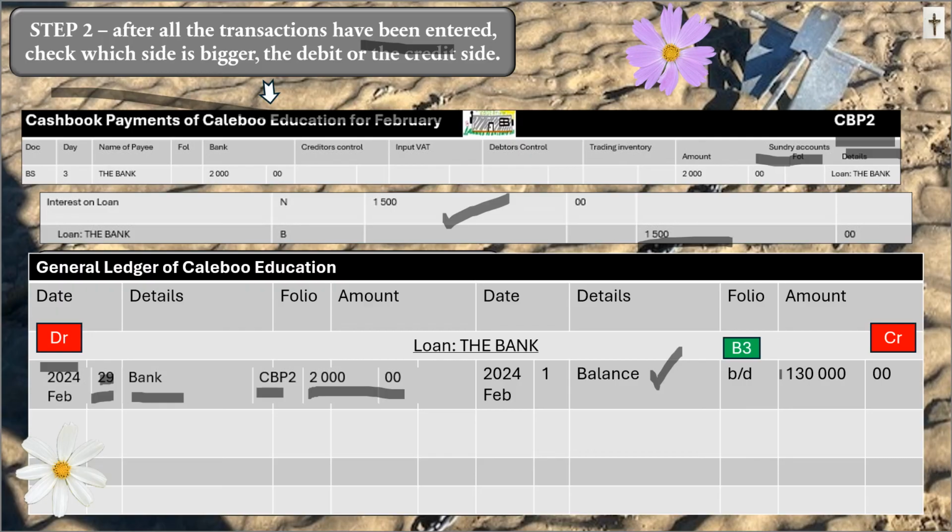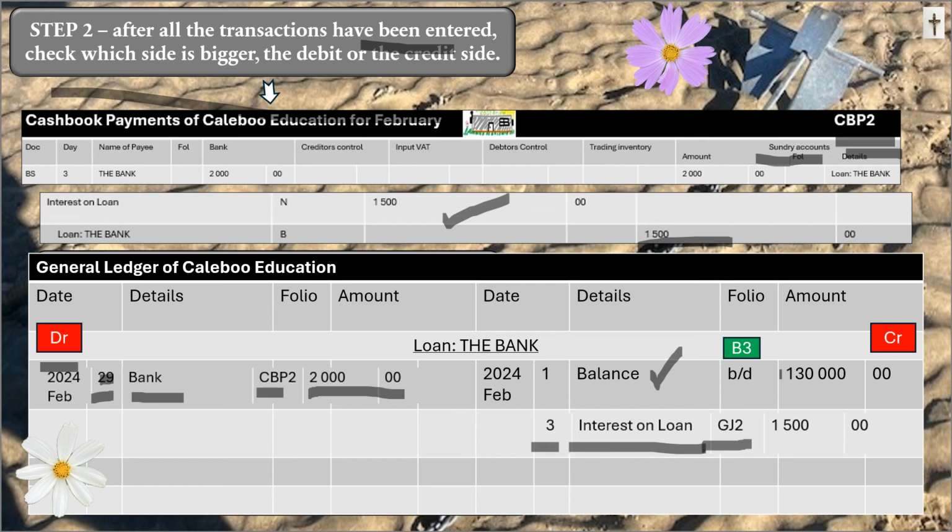Now the interest on the loan is going to cause the loan to increase. So when the loan increases, we owe more money. There's an increase in liabilities. On the 3rd, the contra account is interest on loan, the other account affected by the transaction.